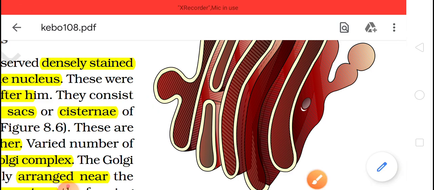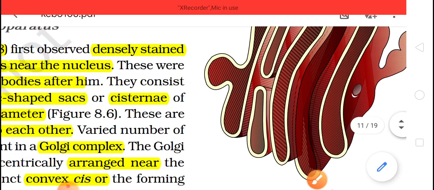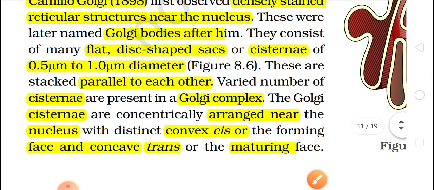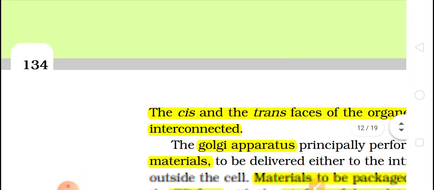And if they are found on the opposite side of the nucleus, that is the trans or maturing face. Okay, convex cis is near the nucleus and concave trans is opposite to the nucleus. Okay, and concave trans is also called maturing face. Okay, this is the structure of the Golgi apparatus.